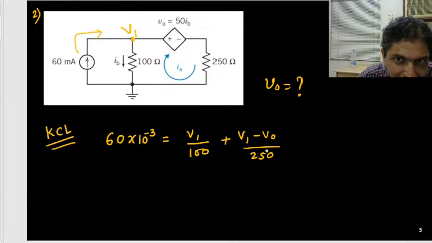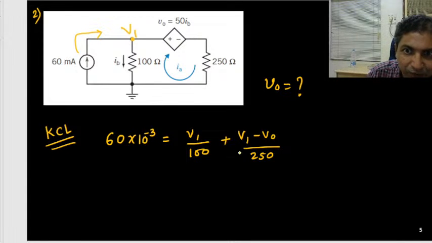Is it correct? So this last thing I have considered here.